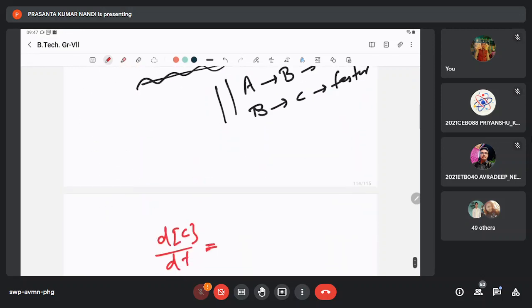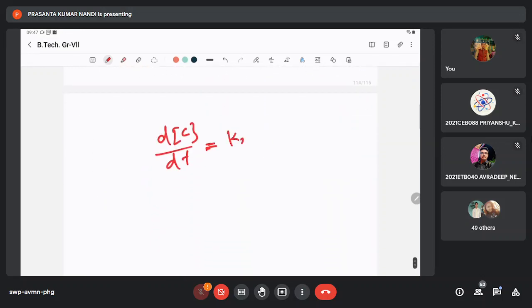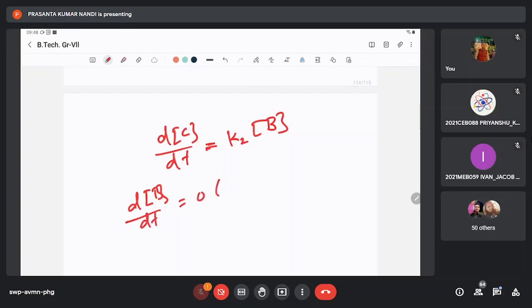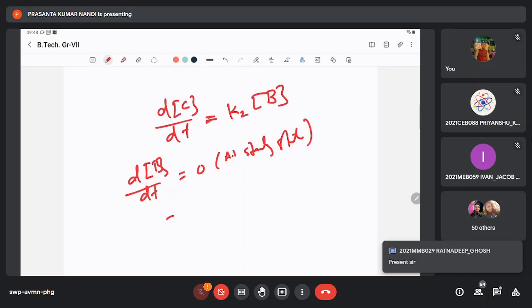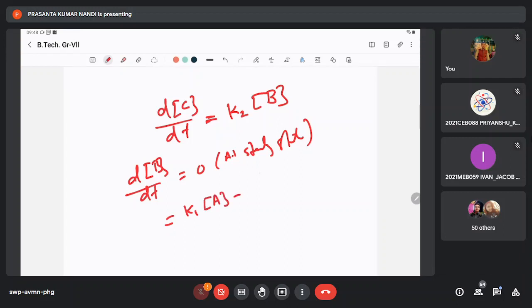It will be K2 into B. But what about dB dt at the steady state? How can we write it? Because B is produced in the first step and it is subsequently consumed in the second step.